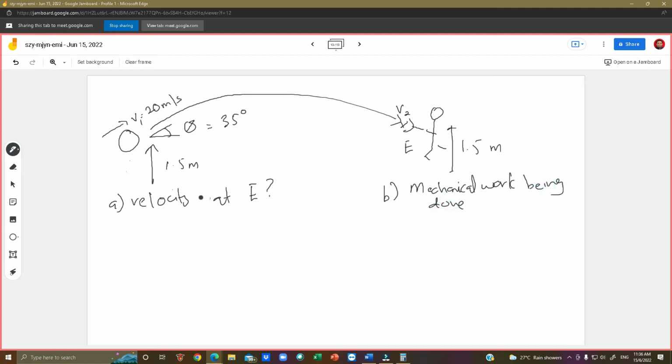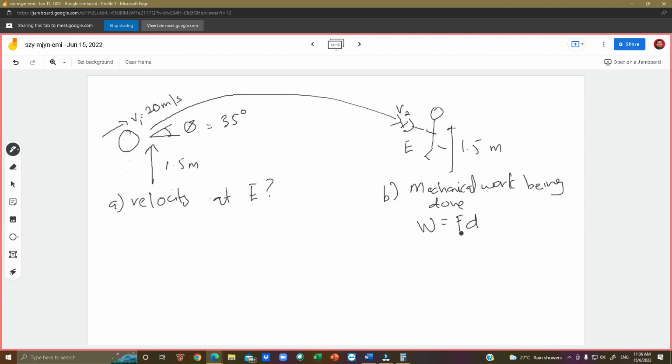Berapa laju bola dekat sini, dan yang kedua, berapa mechanical work being done. So kita tahu work sama dengan FD. Kita tak ada dua-dua benda ni. We don't have force. We don't have distance. Okay.